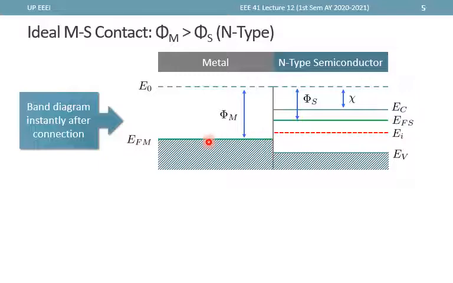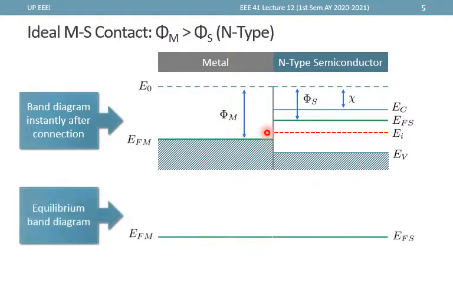Now, with this energy band diagram, we know that the Fermi level is not flat, and therefore the material is not in thermal equilibrium. What will happen is that charge transfer will happen, and since this side has a lot of electrons, and this is a lower energy level, then most of the electrons would jump into this metal side until it achieves thermal equilibrium.